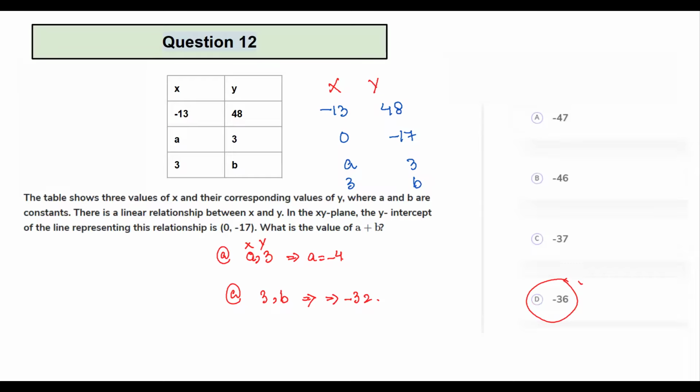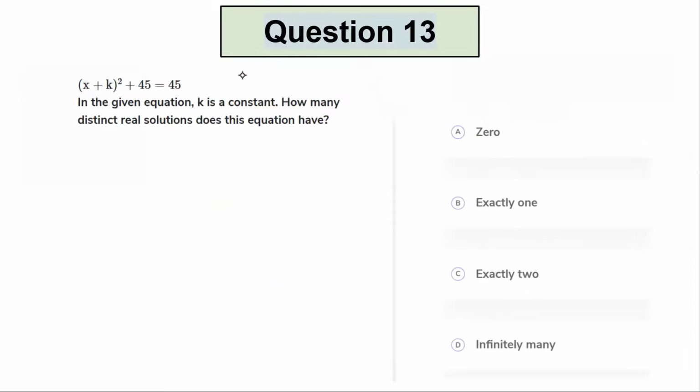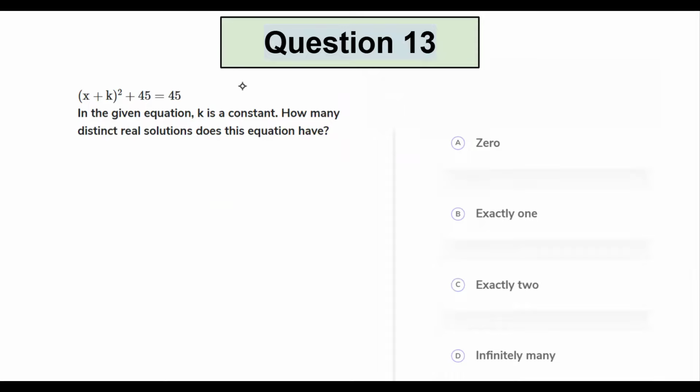Let's move on to question 13. Here is our question number 13. You are given an equation, and it says in the given equation, k is a constant. How many real distinct solutions does this equation have? Real distinct solutions. So this is a pretty simple equation.